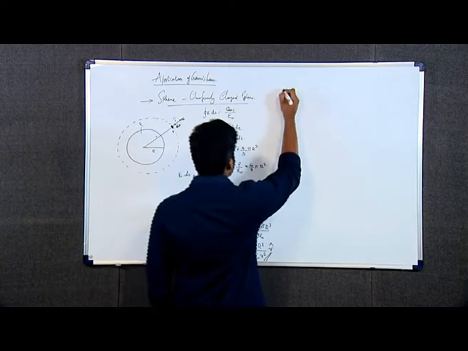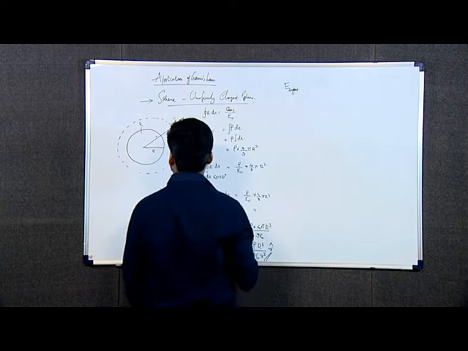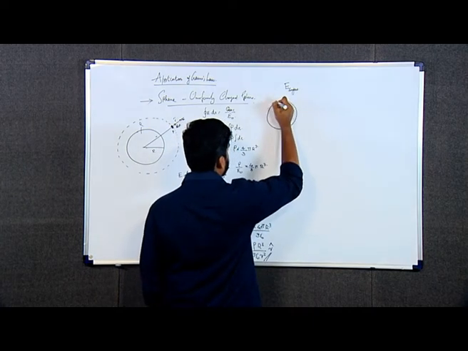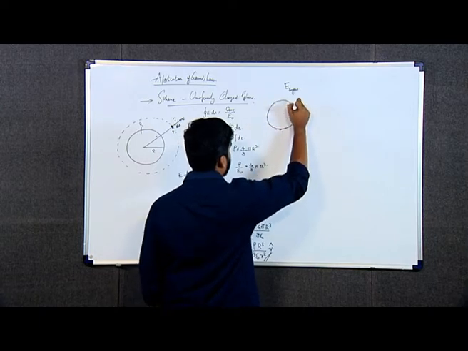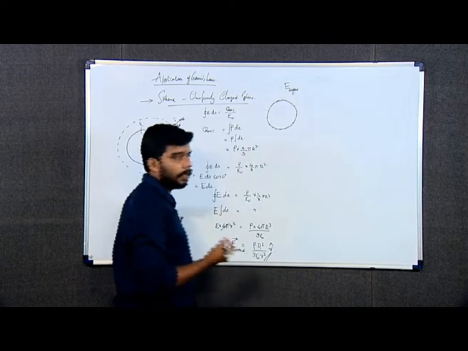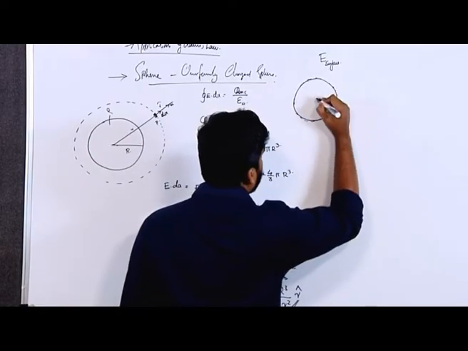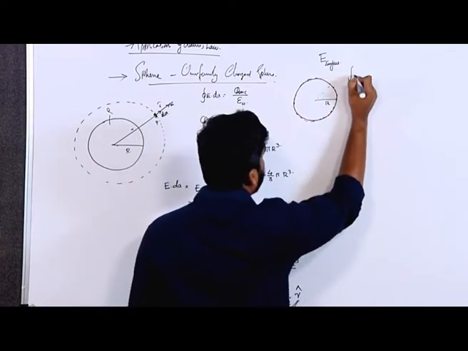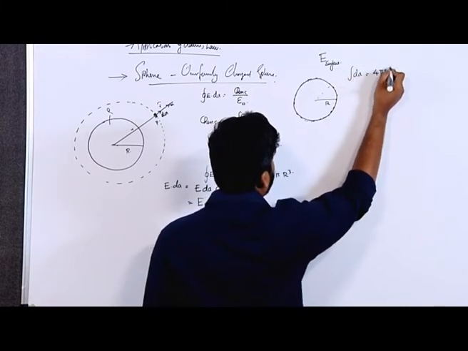Similarly, I will look for the electric field at the surface. Same process, but we should consider where this Gaussian surface is. The Gaussian surface is exactly on the surface of the sphere, which is this r, and now the area integral dA will become 4 pi r square.